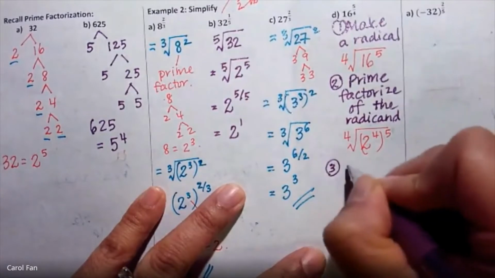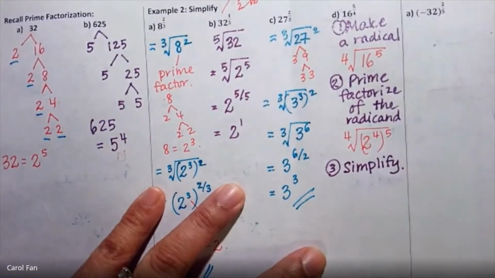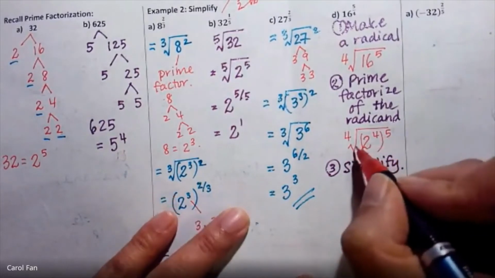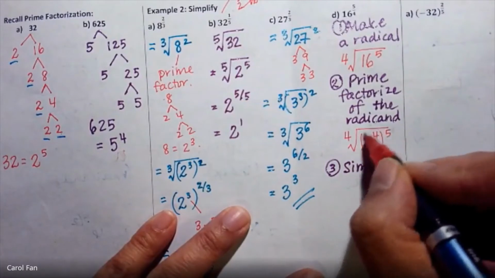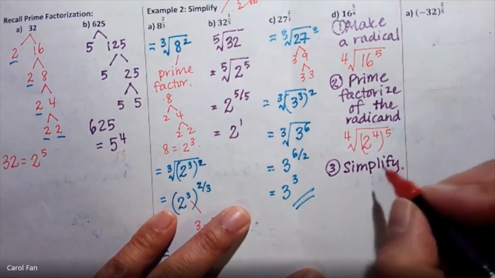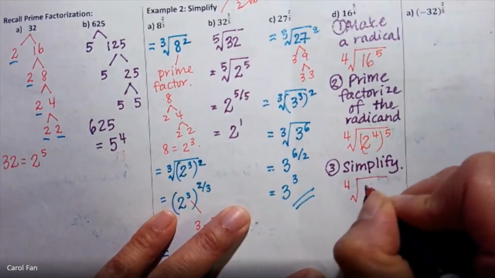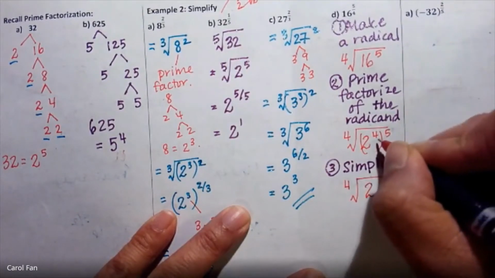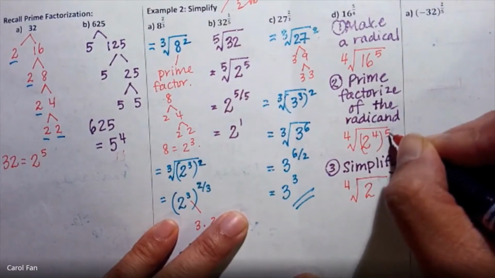Third step, we need to simplify. So you can either simplify our root, or we can simplify the exponent inside. So I'll simplify the exponent inside first. So 2 to the power of 4, all to the power of 5.